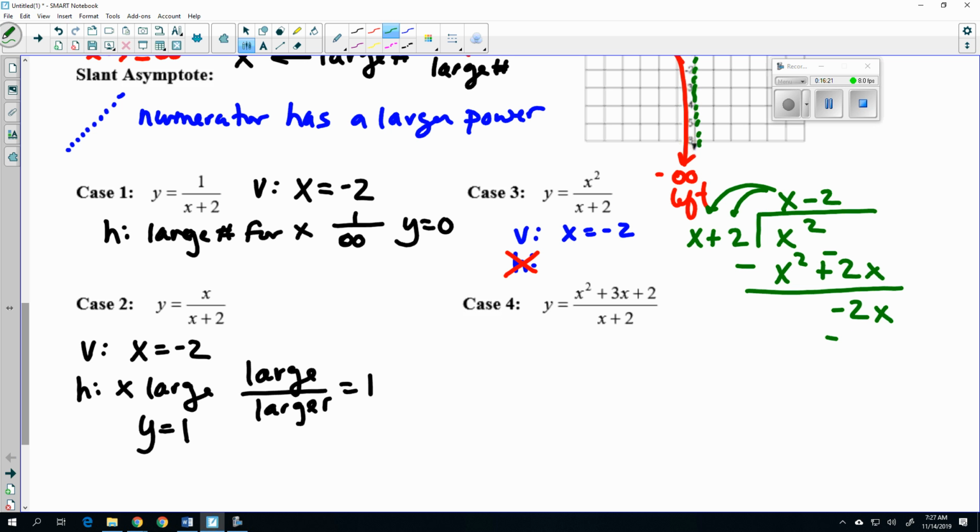And I get negative 2x minus 4. Subtract, and I have a remainder. And I'm going to write it as 4 over x plus 2. So this function right here is the same as my original problem. So this in yellow is exactly the same as this.